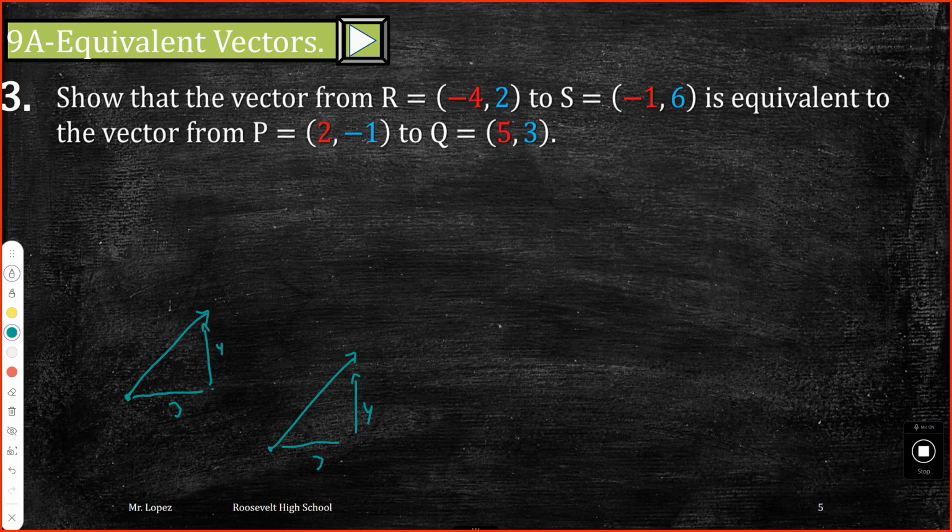Here's another one exactly the same, with the same magnitude and the same direction. So show that the vector from R to S is equivalent to the vector from P to Q.